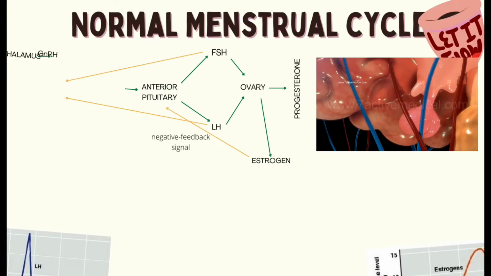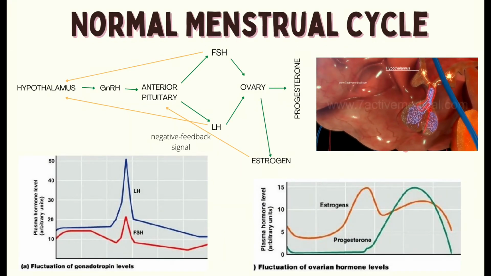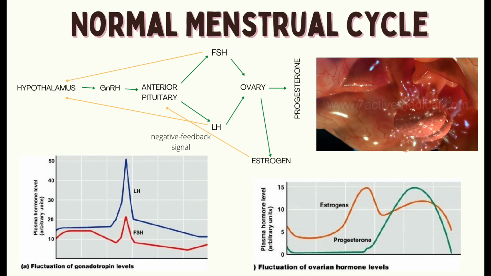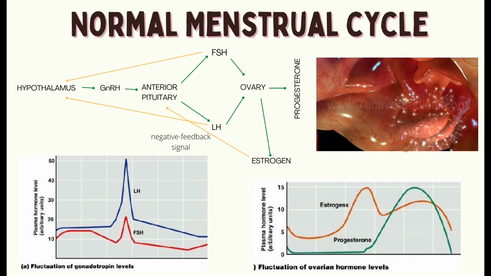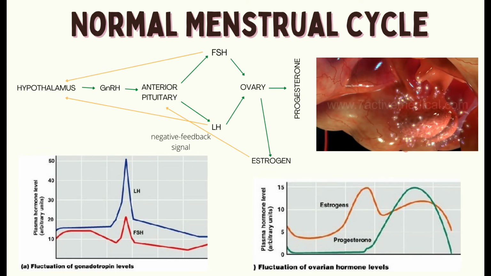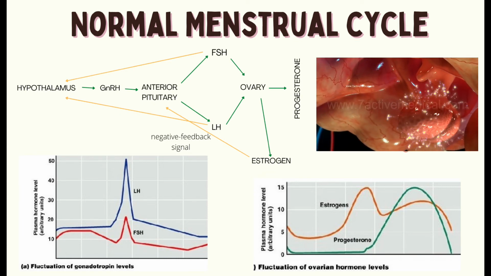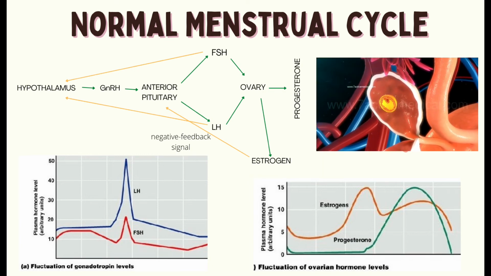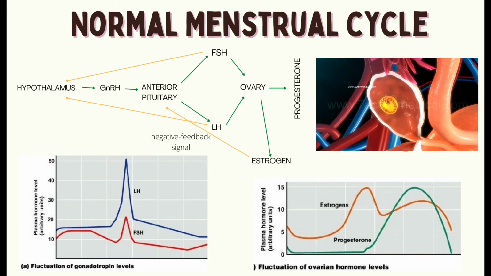Start with the hypothalamus, releasing the gonadotropin-releasing hormone that stimulates the anterior pituitary gland to secrete FSH and LH. The ovary responds by increasing follicle growth. As the follicle grows, the estrogen level will increase, giving a negative feedback loop that causes the FSH and LH levels to decrease.